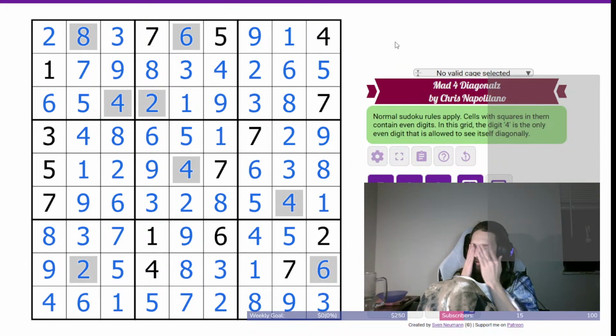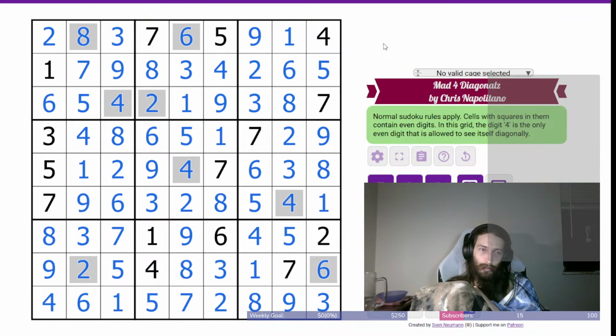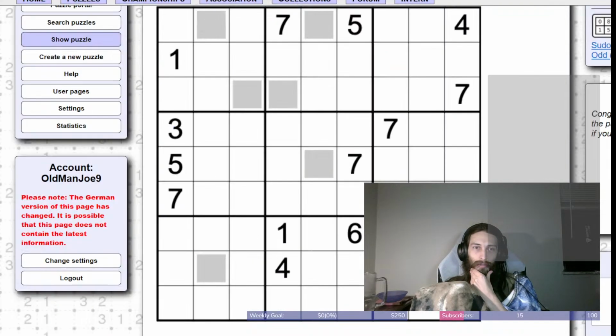As far as the actual difficulty of that logic, I mean, it was standard Sudoku rules, so it's just finding it. I don't know. I guess I would probably put this on like average to hard, maybe.